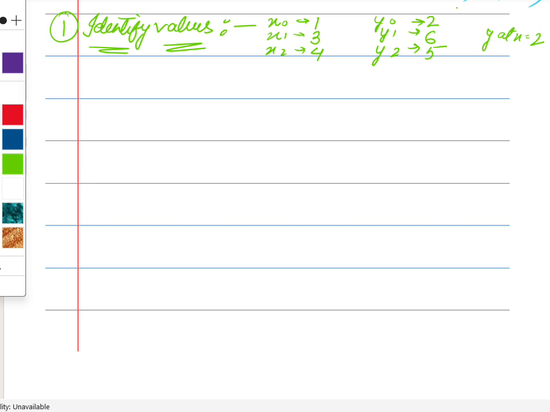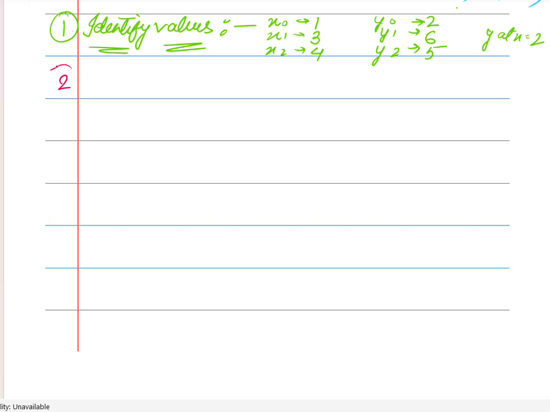Okay. Now moving further, for the second step, what I'll do? I'll find L naught of 2. So I told you, when L naught of 2 is above, in the numerator I will subtract x1 from x, then I will subtract x2 from x, and because this is L naught, in the denominator I will subtract x1 from x naught, and x2 from x naught.